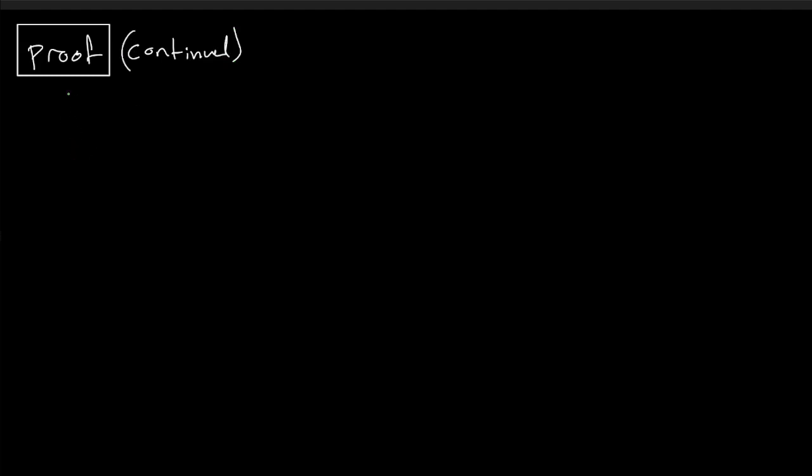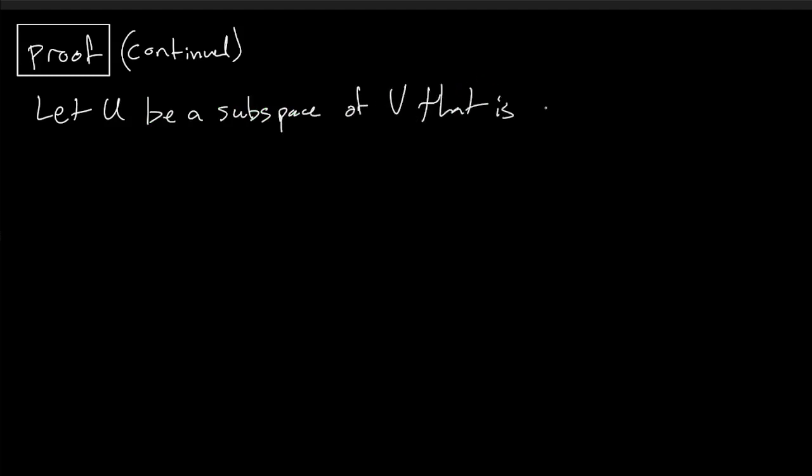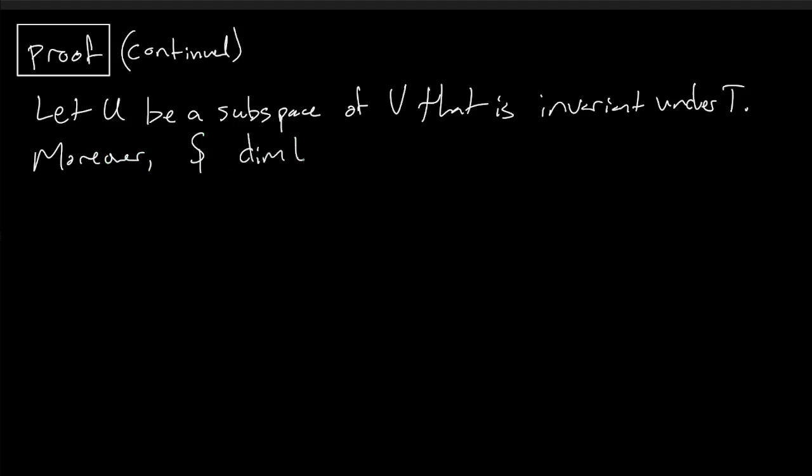So what we're going to do is say, let U be a subspace of V that is invariant under T. Moreover, suppose dim U is as large as possible.